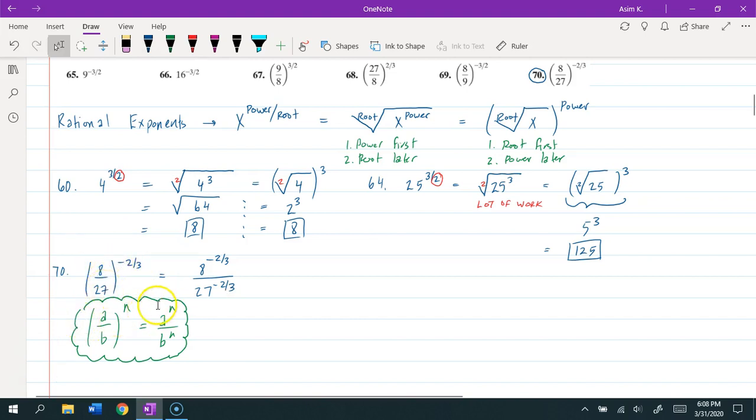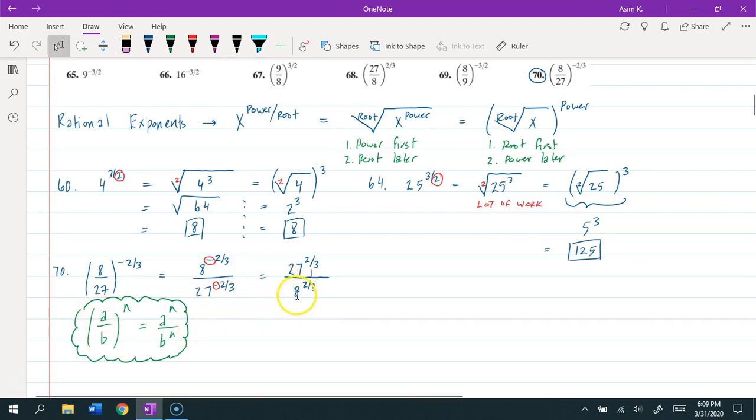Now the next problem we experience is the fact that both of these have negative exponents. We don't want those. So we're going to put the 8 to the power negative 2/3 in the denominator, and that'll make it a positive exponent. And we'll put the 27 to the power 2 over 3 in the numerator, and that'll give it its positive exponent, right?